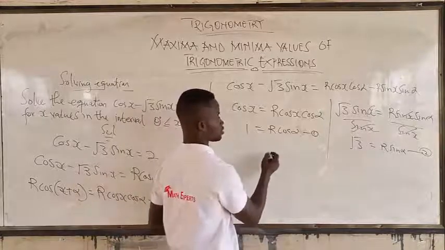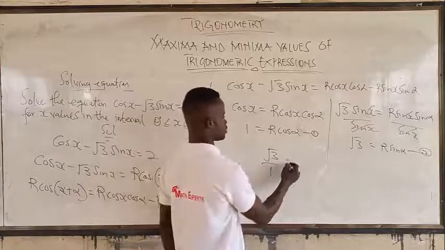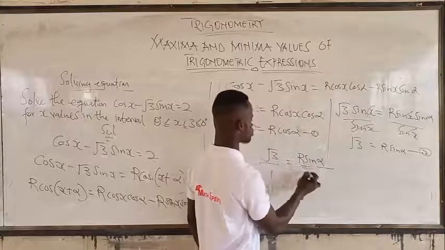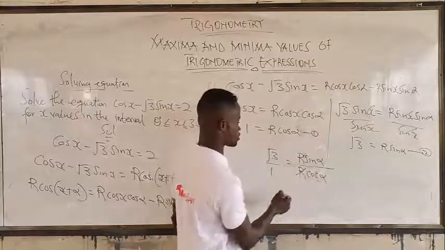So this is square root of 3 over 1, which is equal to r sin alpha over r cos alpha. This cancels this.